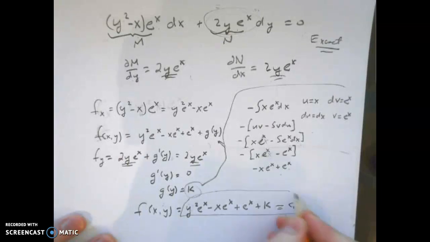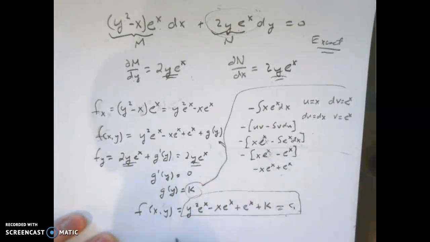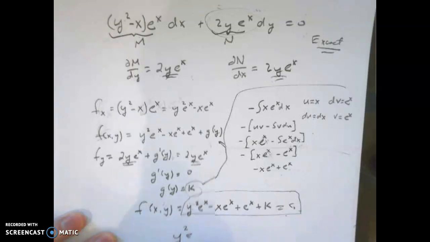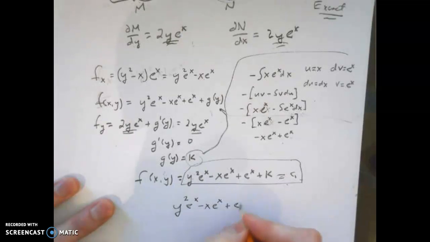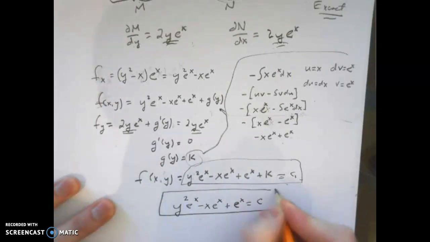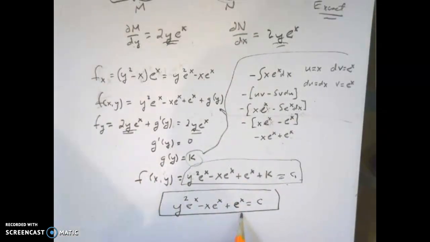I'm going to call it C1. So when I subtract that over, my solution is y squared e to the x minus x e to the x plus e to the x is equal to our constant. And there is your family of equations that is a solution to our differential equation.